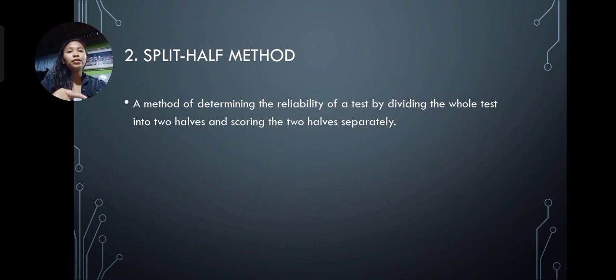The next one is the split-half method, a method of determining the reliability of a test by dividing the whole test into two halves and scoring the two halves separately. An example for this: suppose we have a 20-item test with a reliability coefficient of 0.16.